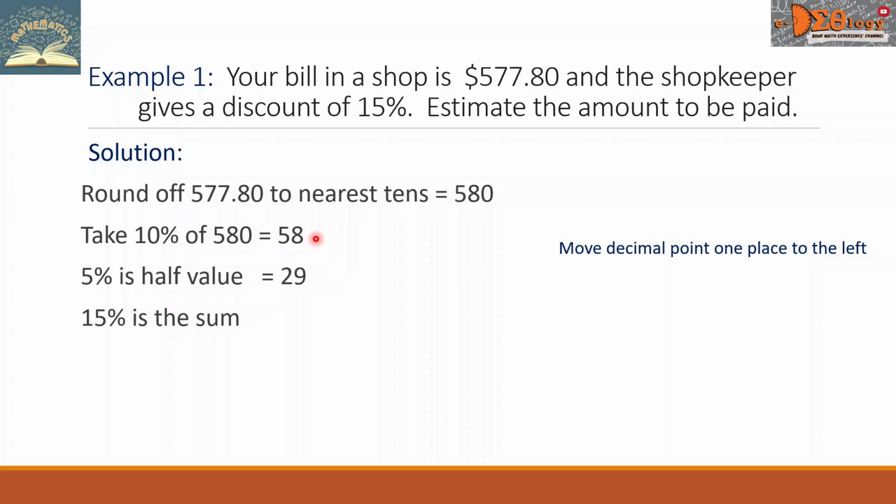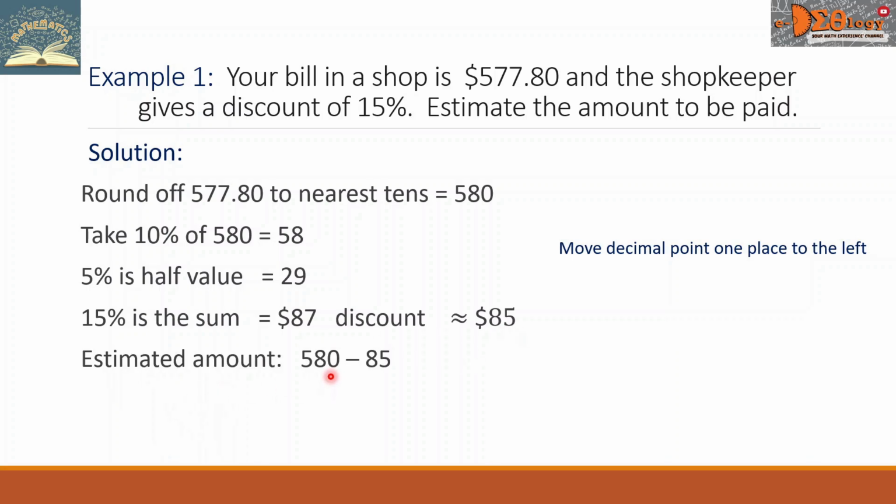So, we add 58 and 29. So, we have $87. This is the discount. Approximately, we can say $85. Now, the estimated amount is 580 minus 85. And we have $495. This is the answer.